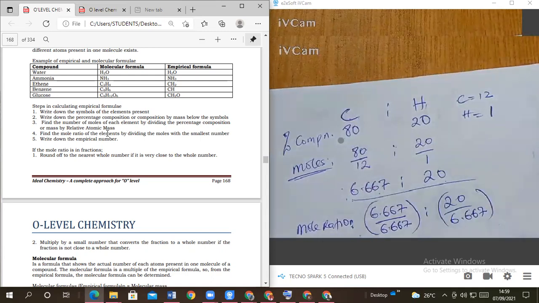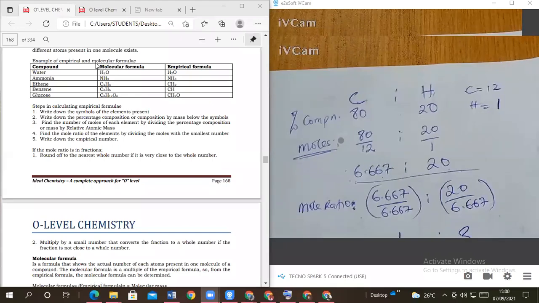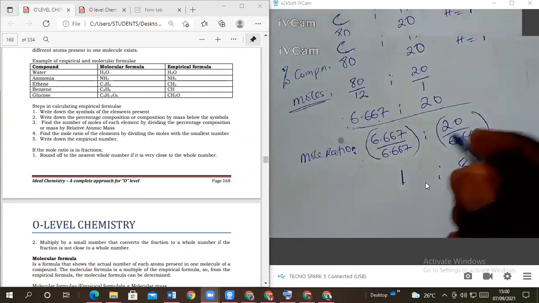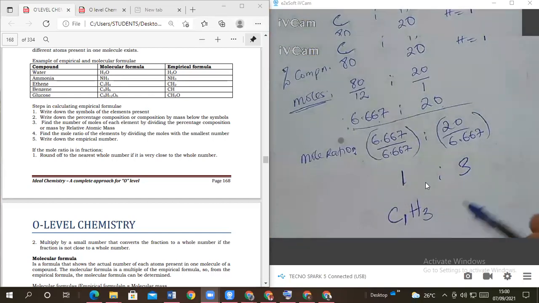When you divide this, what does it come to? It is 3. You get that? Now these ones are automatic. It shows that carbon is 1, hydrogen is 3.